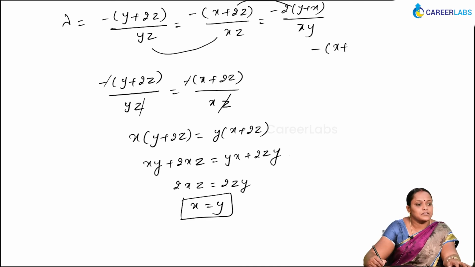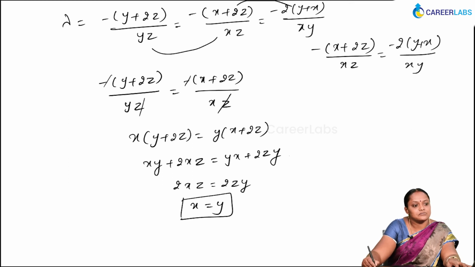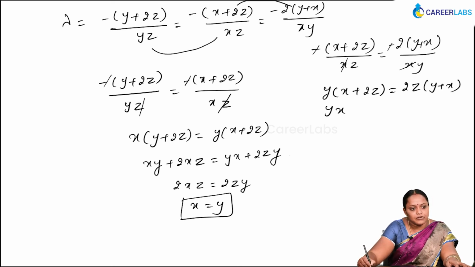Similarly, let us compare these two combinations. It is minus of x plus 2z divided by xz. This is equivalent to minus 2 times of y plus x divided by xy. So here x will get cancelled, same way negative sign also will go, and when you cross multiply, this will give you y times of x plus 2z is equal to 2z times of y plus x.